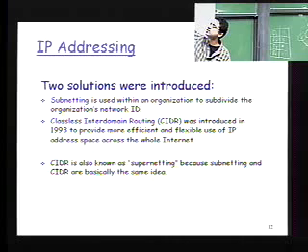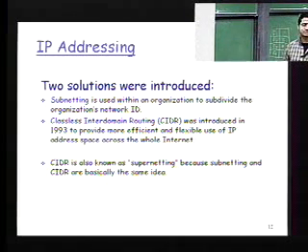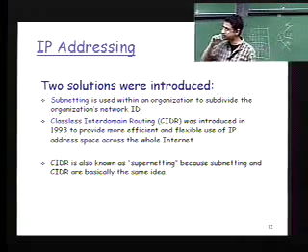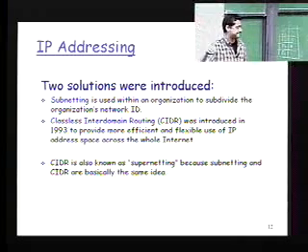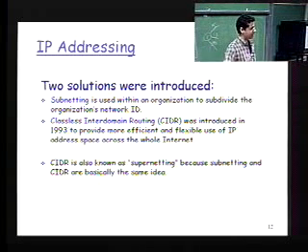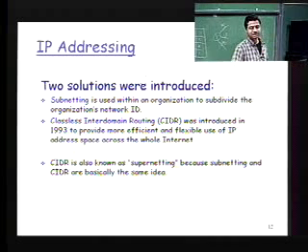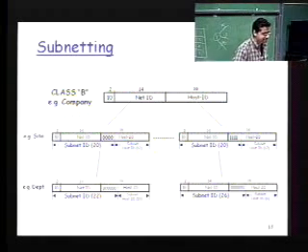This is a solution which, given an address block, will help solve a problem within an organization. The basic idea behind both is the same. CIDR is sometimes referred to as supernetting.